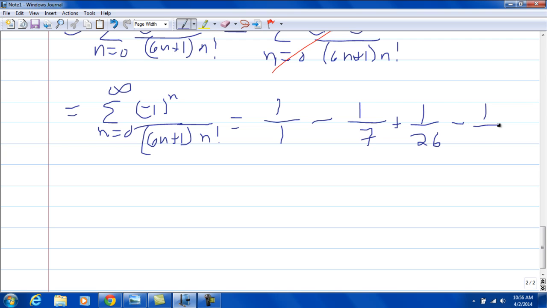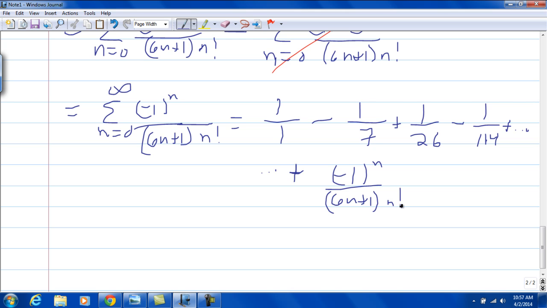I should have been able to do that in my head. 114 plus dot dot dot plus 1 over negative 1 to the n over 6n plus 1 times n factorial.